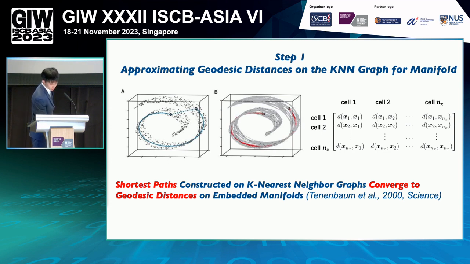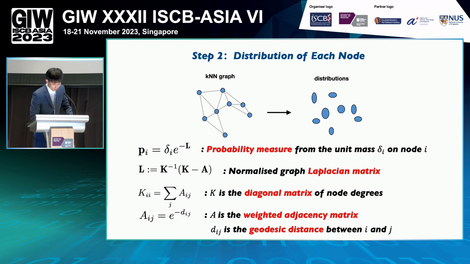Step 1. We approximate geodesic distances between two cells by calculating the shortest paths in the KNN graph. Step 2. We calculate the distribution for each cell, encoding neighboring node similarity.